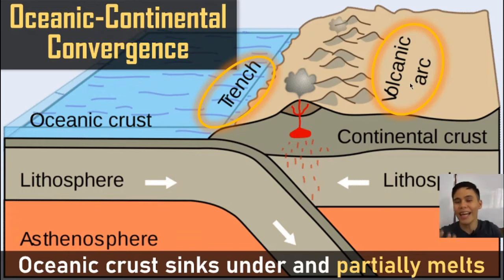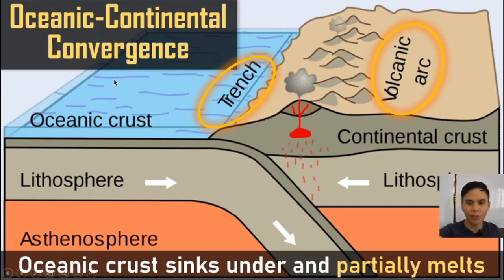So again, in Oceanic-Continental Convergence, we have usually trenches and volcanic arcs. We see a lot of these types of convergence zones in the Philippines. We have a lot of volcanic arcs near the coastlines and lots of trenches just off our coast.